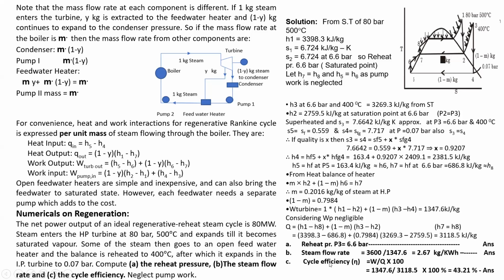Then cycle efficiency is equal to W upon Q, neglecting the pump work. W net we obtained is 1347.6, which we have taken here also, upon 3118.5, into 100%, which will be 43.21%.